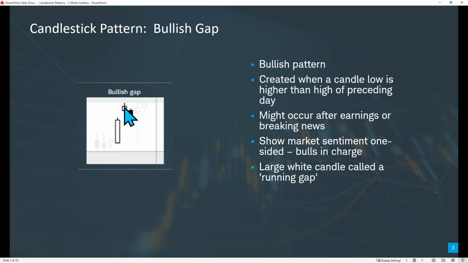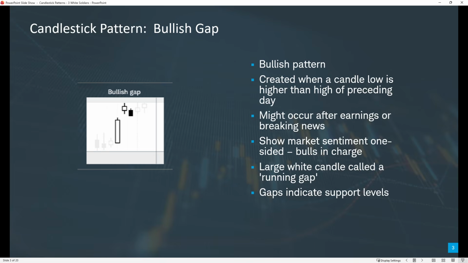And had this candle looked like this candle, where we saw a large white candle after the gap, we call that a running gap, because it's not only opened higher, but then it's continued to run to the upside. Gaps can also indicate support levels.